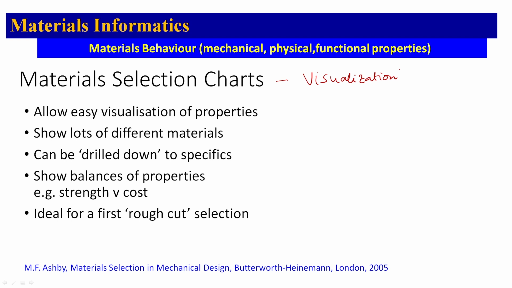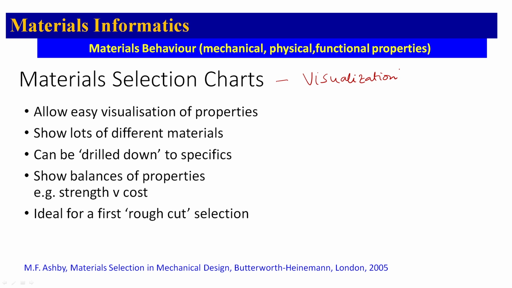We do not want to see things in our mind, right. That is why visualization of these material data is very important, and it can show lots of different types of materials. We can actually even drill down to specifics, and we can always find a balanced set of properties.